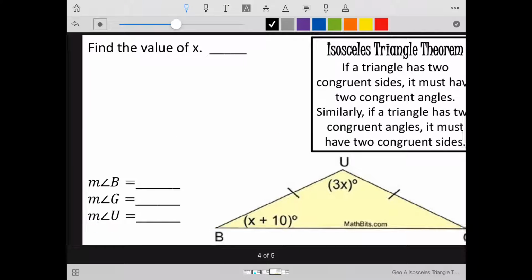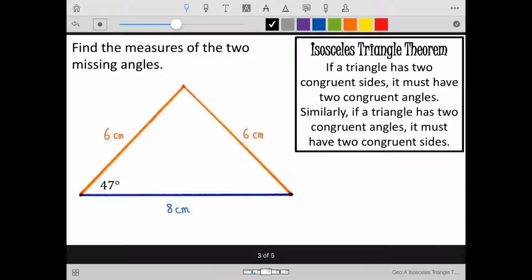Example number 2. Find the measures of the two missing angles. So let's look at what we know, keeping in mind our Isosceles triangle theorem. Well, we have two congruent sides in our triangle.